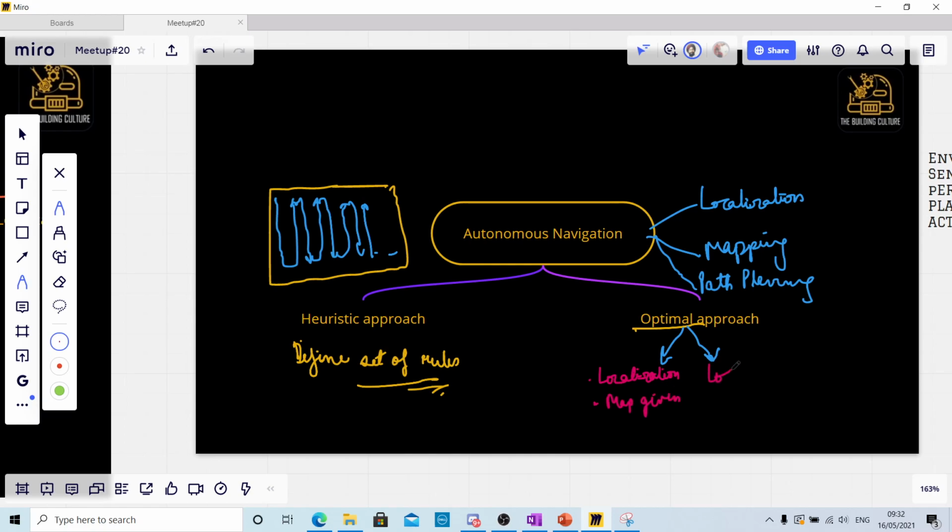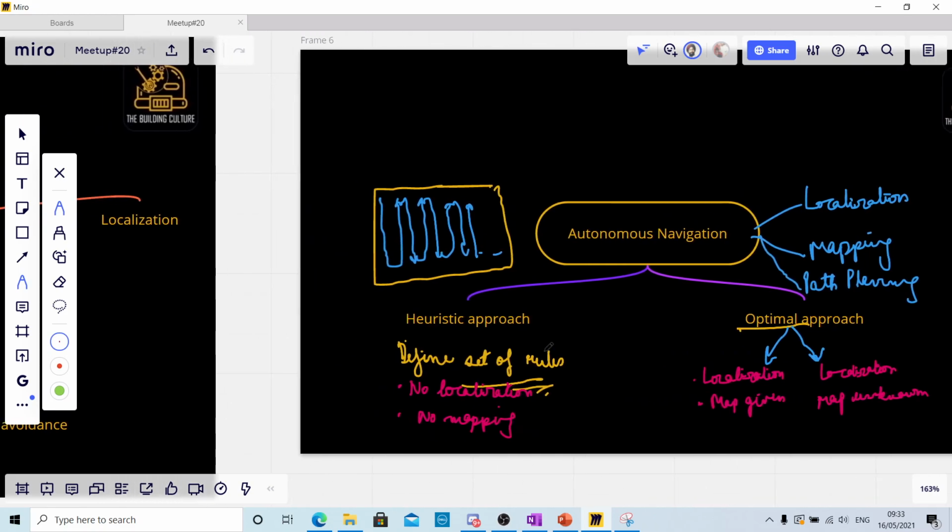The other is if we care about localization and the map is also unknown. So these are the two things that we consider here, and we don't consider the case of no localization and no mapping. This is how we can define this.